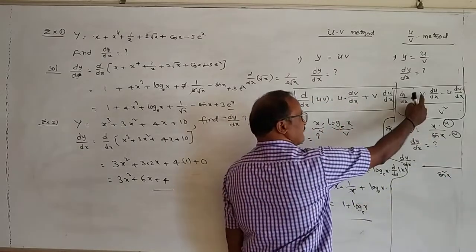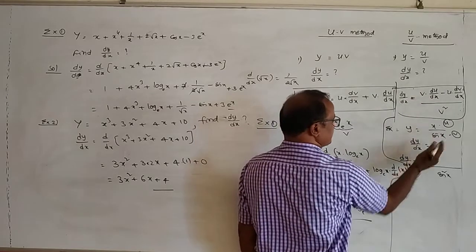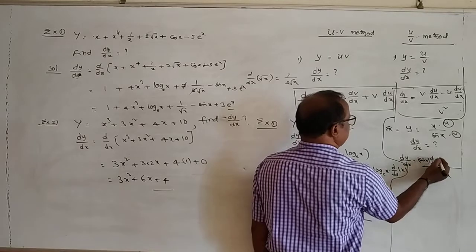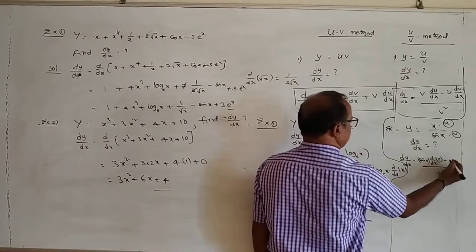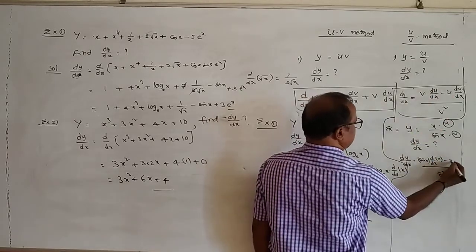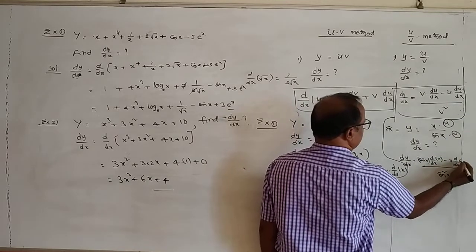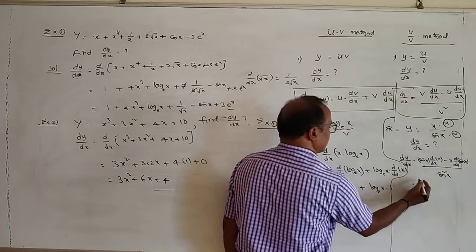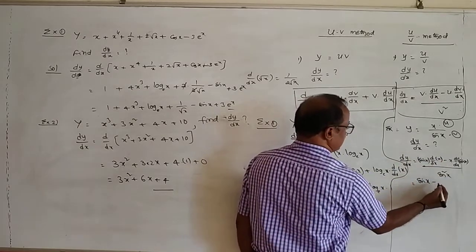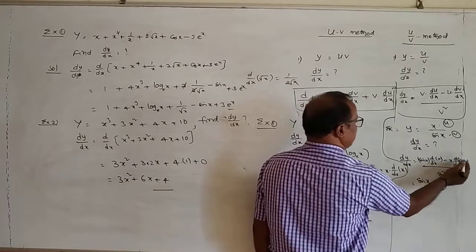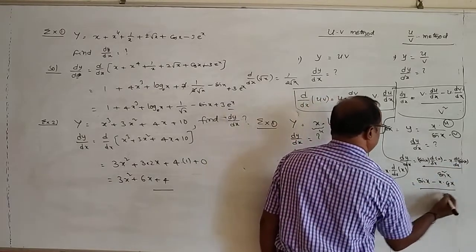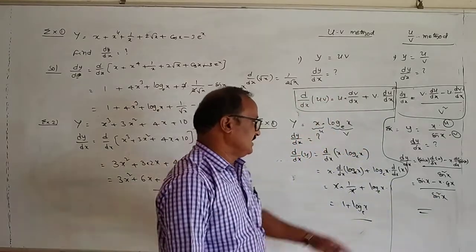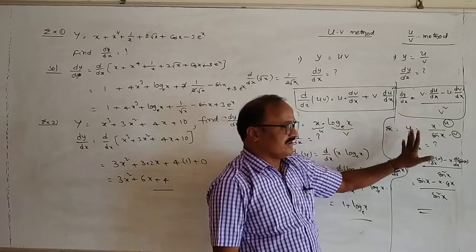In numerator, v into du by dx, v means sin x into du by dx, u equal to x, minus u into d by dx of v, that is x into d by dx of sin x. d by dx of x is equal to 1. That means sin x minus x into cos x, over sin square x. So this is the derivative of an example for y equal to u by v.